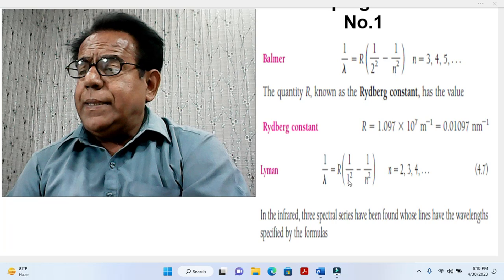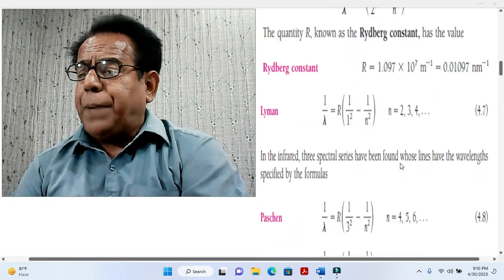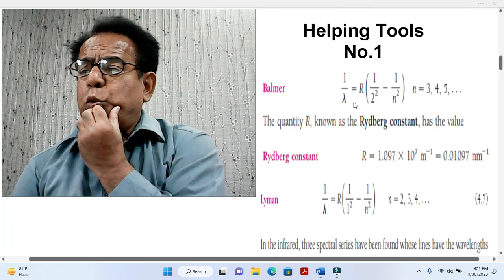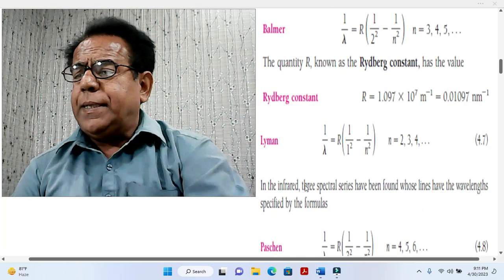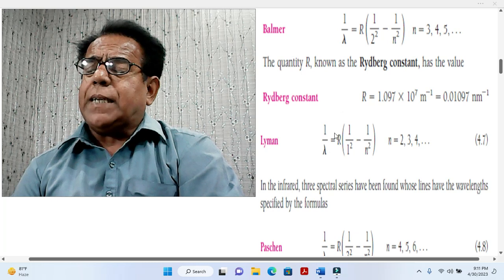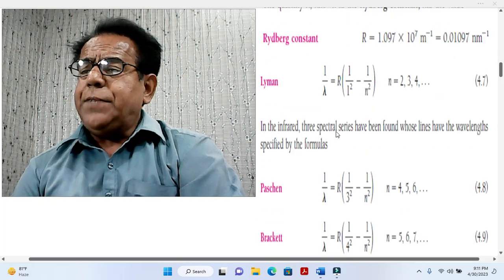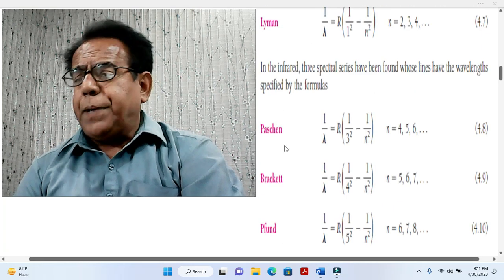Now when this is 1, then n starts from 2, that is one step ahead. So actually Balmer and Lyman, these two series come within one framework. That is why the remaining 3 series have been separately discussed.